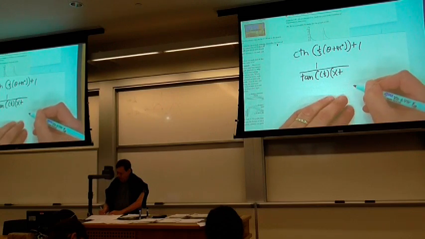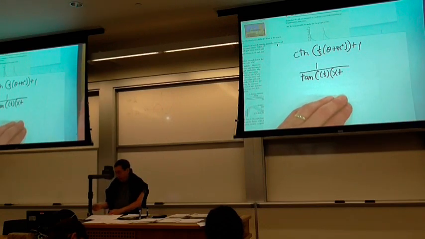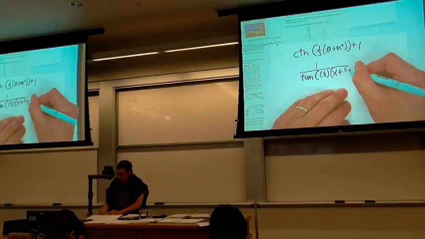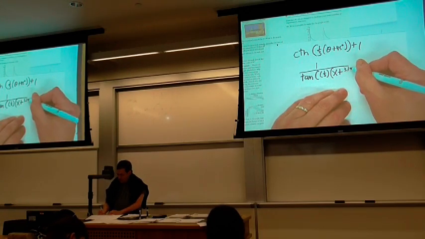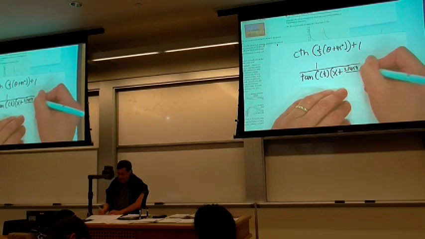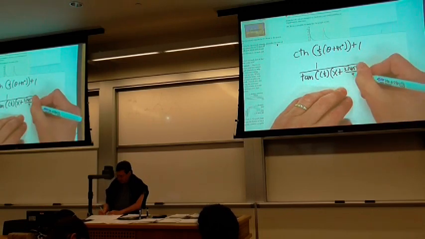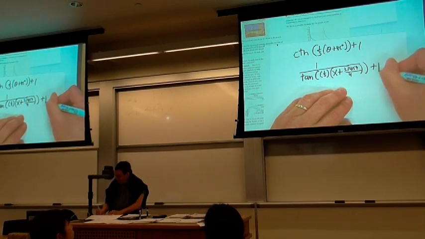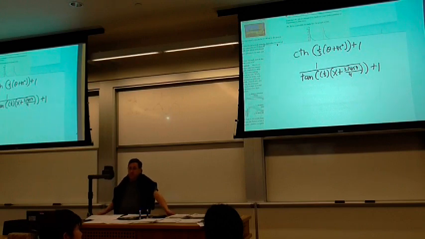So 45 degrees is pi over 4, but again, I don't know if it has a symbol for pi, so I just typed in 3.14159. That's my favorite approximation. 3 digits is probably fine for something like this, divided by 4 plus 1. If you have one of these, don't play around with it.